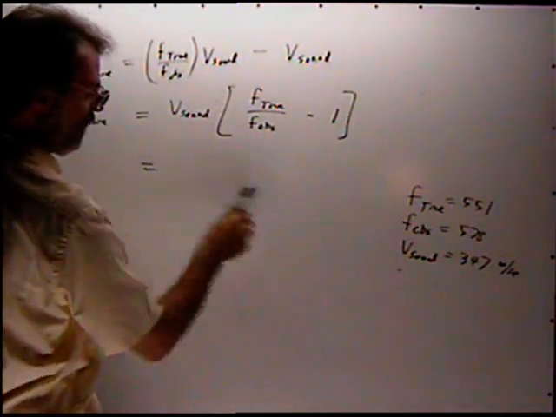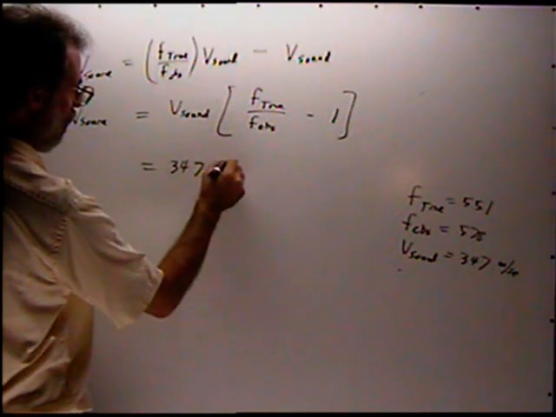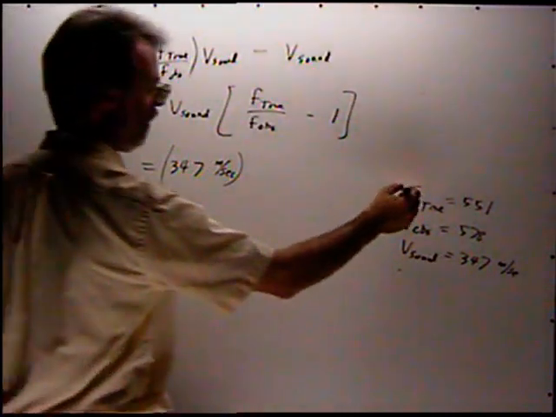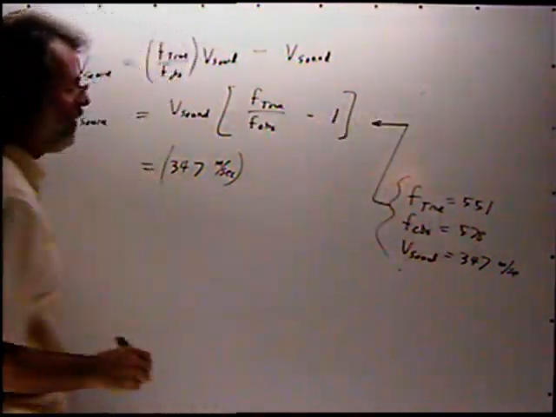The sound velocity is 347 meters per second. Notice at this point I've reduced it down as far as I need to go, and now I just plug in the numbers.